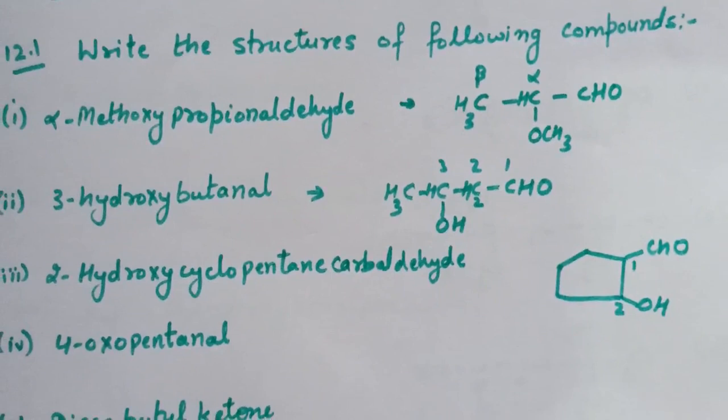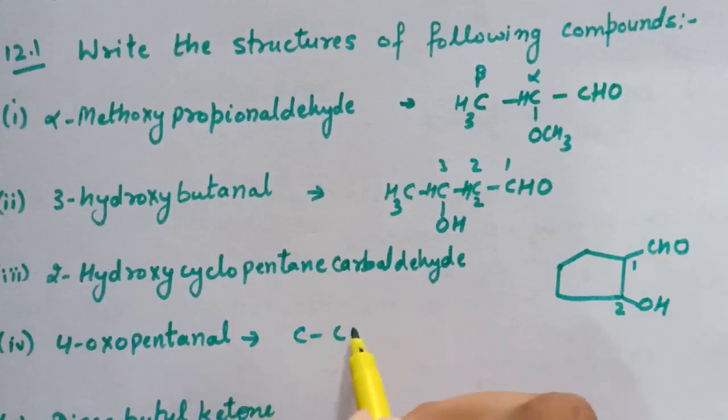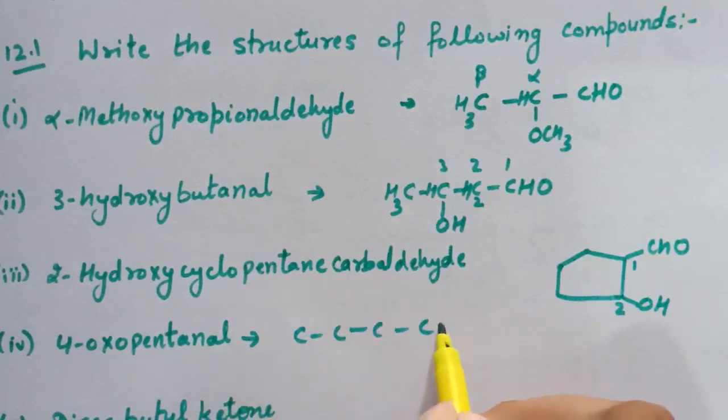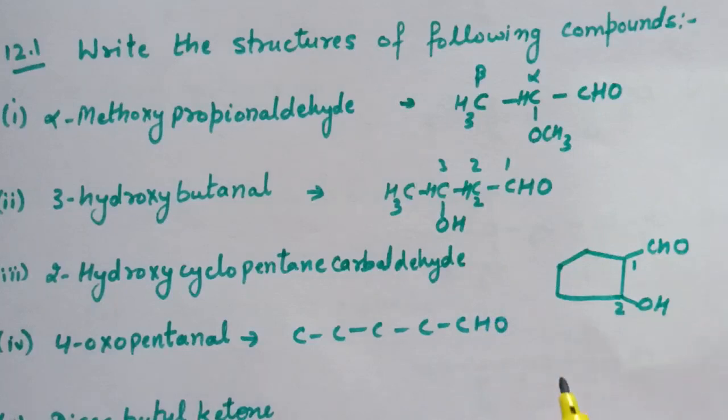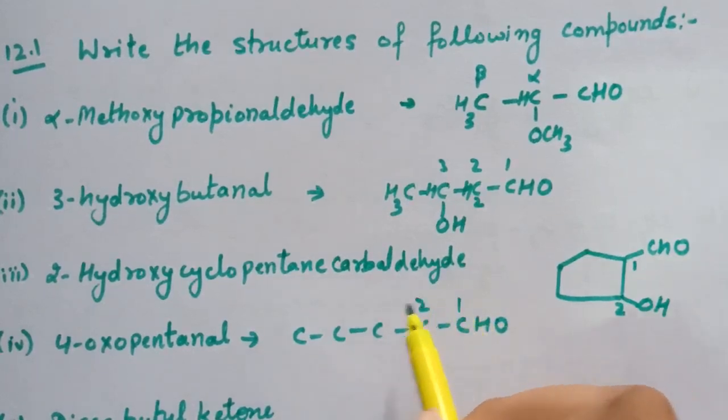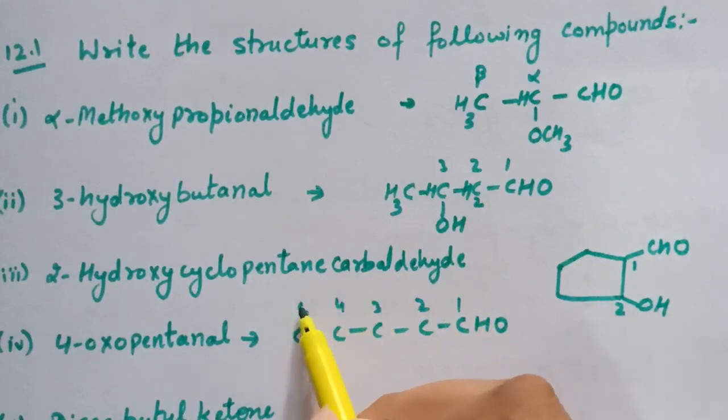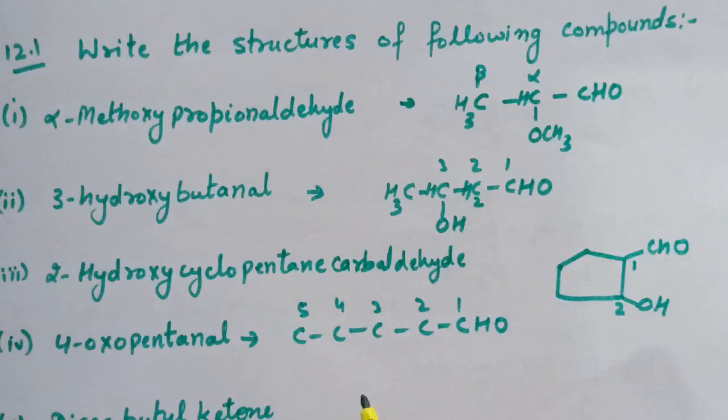Now fourth is 4-oxopentanal. So for pentanal, 5 carbons, 1, 2, 3, 4, 5, and at this carbon atom we have the CHO group. Now at fourth position 4-oxo. When we treat a ketone as a substituent, at that time we will use oxo or keto.